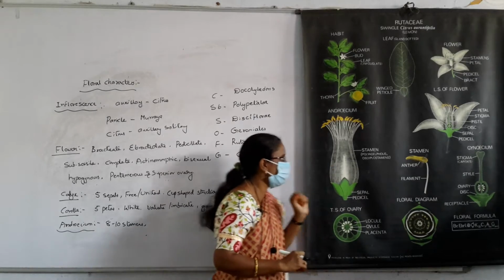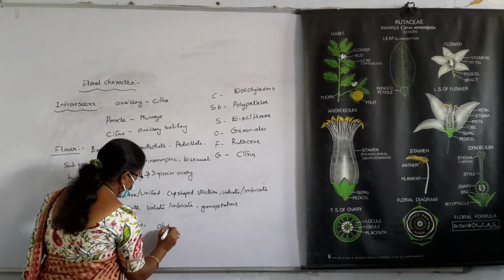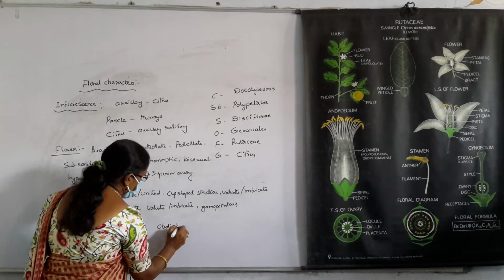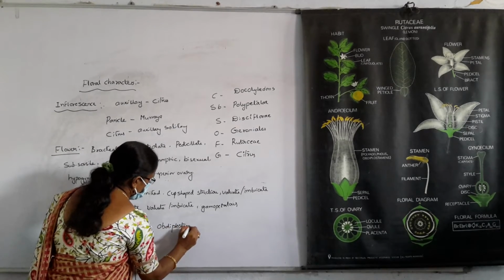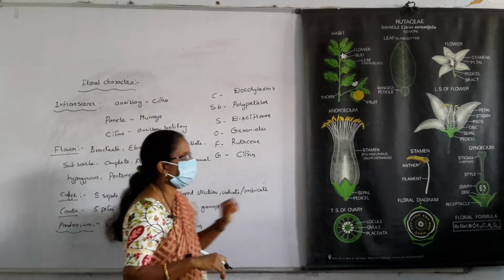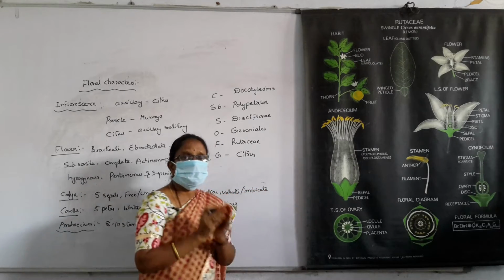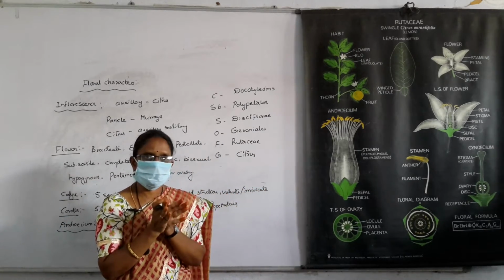This is the special character of the Rutaceae family: the diplostemonous arrangement. Diplostemonous means the stamens are arranged in two whorls.